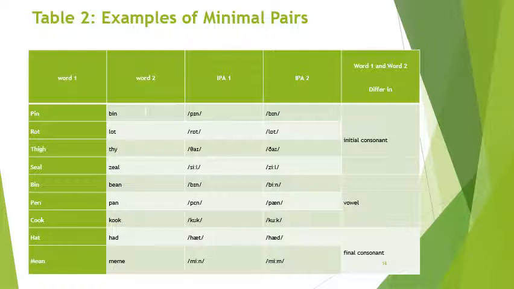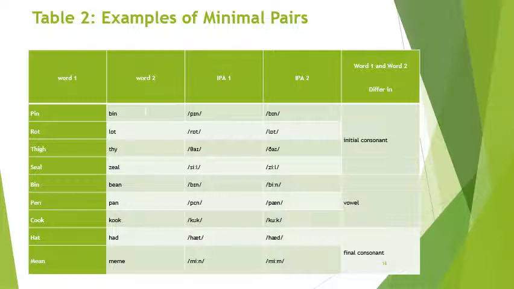Then let's go through the examples. Take a look at column 1. We have pin, the first word, then the second word, bin. See their transcription. The only difference is what? The initial consonant sound. This is also seen in the second example where we have rot, lot.